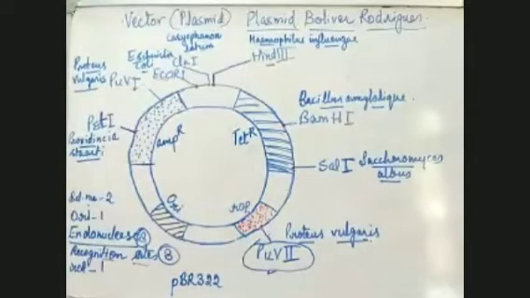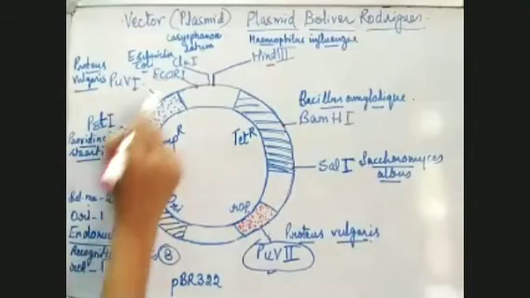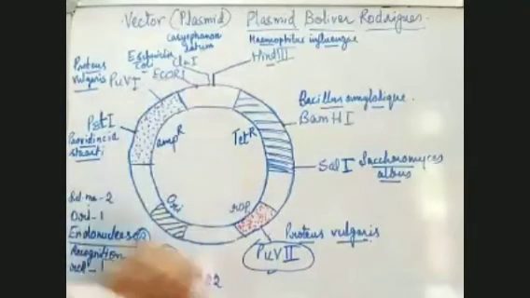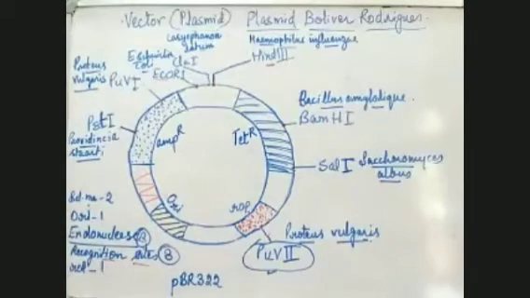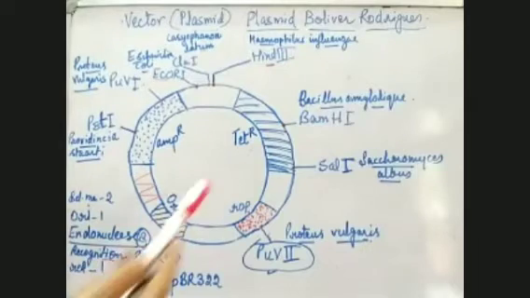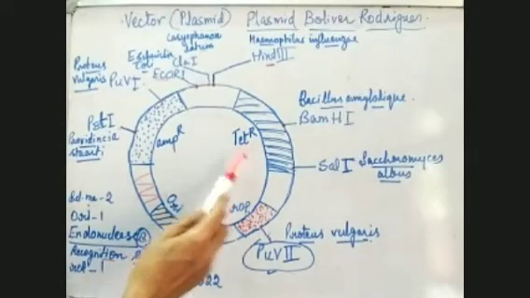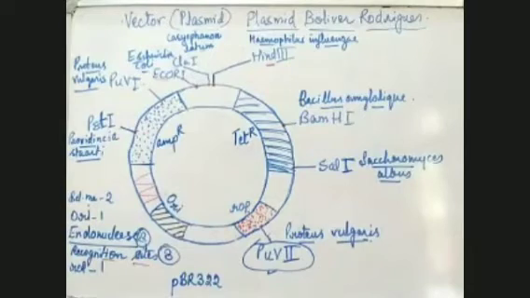Same way, if the bacteria in which we have inserted our gene is cultured in a medium in which tetracycline antibiotic is there, tetracycline kills bacteria, but the bacteria in which this plasmid is present will not die because it has the gene for tetracycline resistance. That is why it will remain alive. Only those which do not have this tetracycline resistance will die.